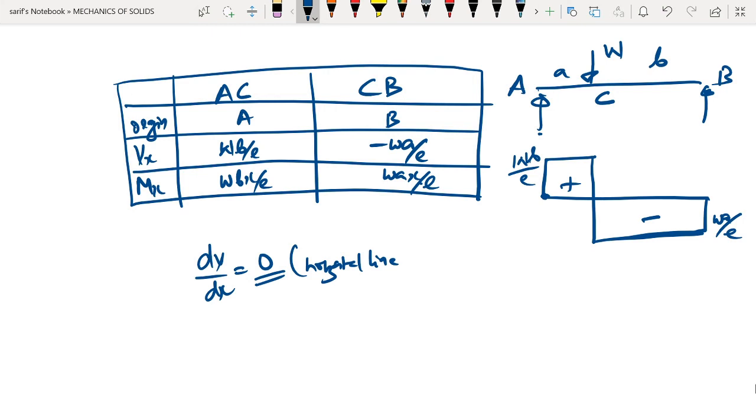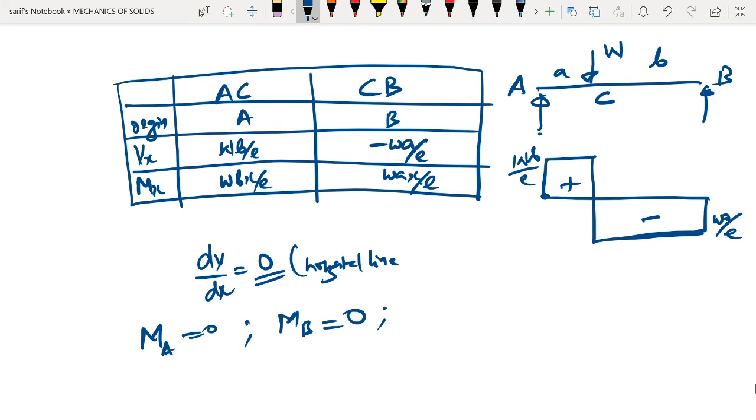Now if you look at Mx, again Mx is of the form y is equal to mx plus c, which means that it is a straight line. So all we have to do is find MA. At the point A, we know the origin is A, therefore x is equal to 0, MA is 0. Again at the point B, if we substitute x is equal to 0, MB will be 0. Now we need to find MC.